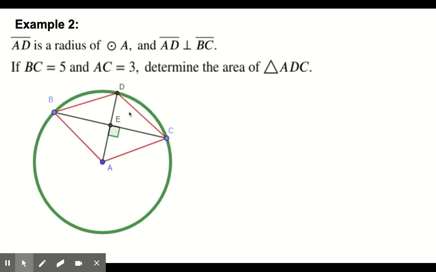I just want to find the area of this side. So I'm going to need to find some missing pieces of my triangles. So first I know that the area formula is 1/2 base times height, or base times height divided by 2.